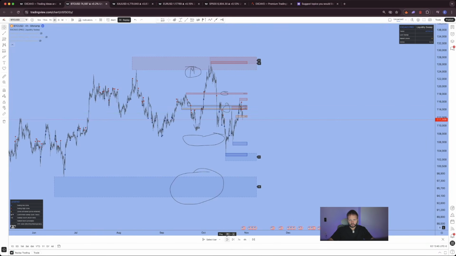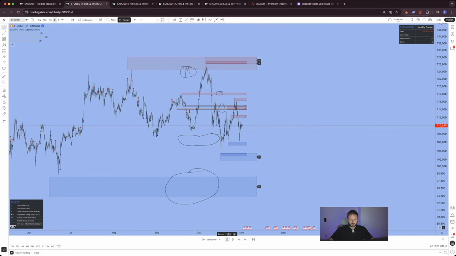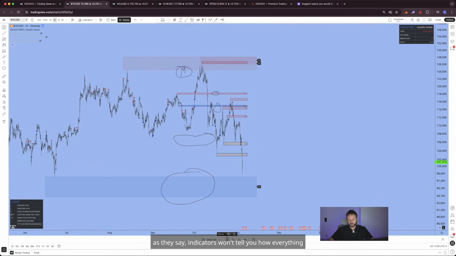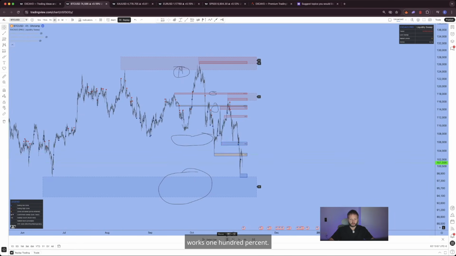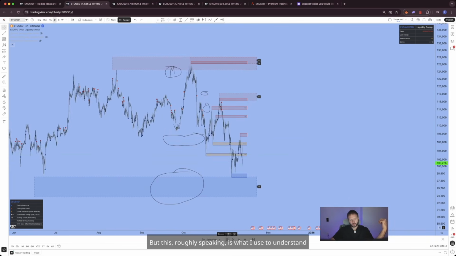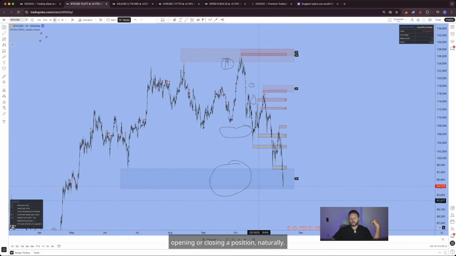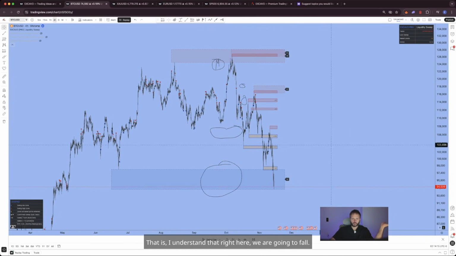Here again, this zone is forming. As they say, indicators won't tell you how everything works 100%. But this, roughly speaking, is what I use to understand where I have zones of interest. Zones of interest for opening or closing a position naturally. That is, I understand that right here we are going to fall.